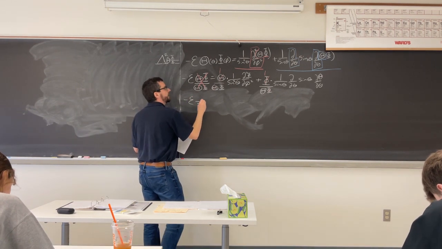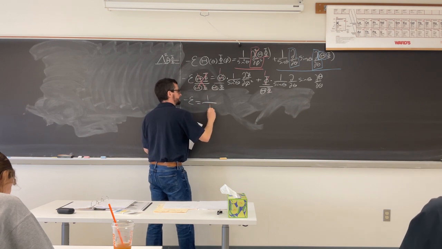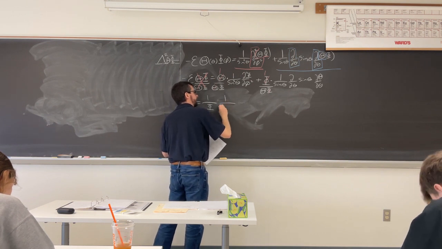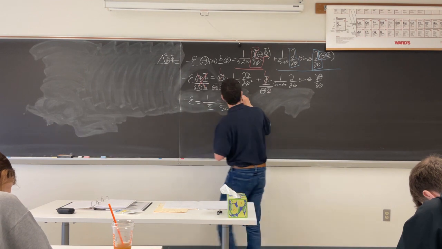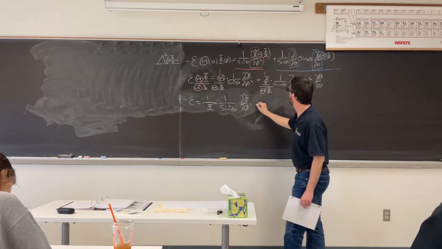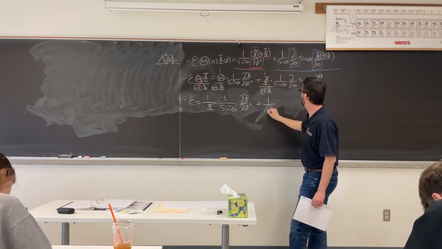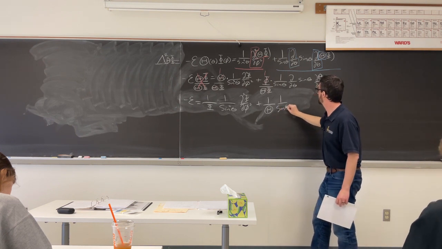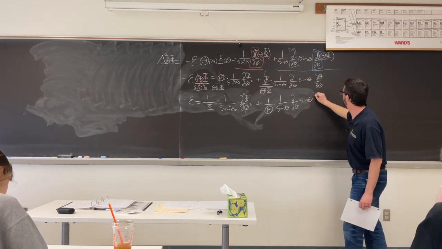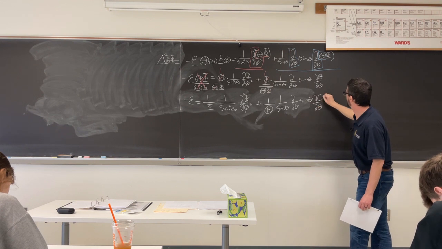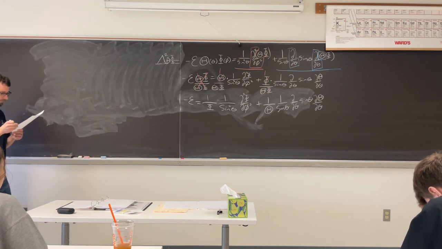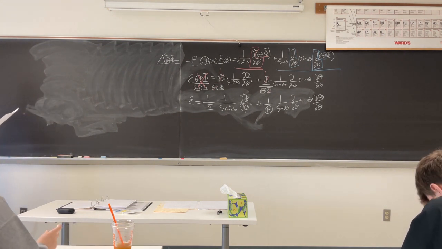Okay, negative epsilon is equal to 1 over big phi, oops, theta over big theta, like that, right? Okay, what else would we do?